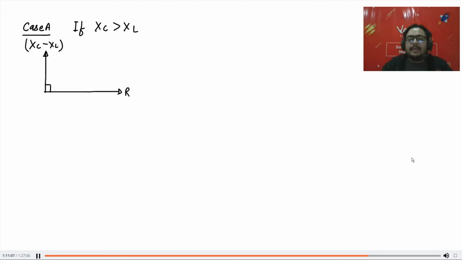So the net resistance, how is it going to come? The net resistance is going to come like this. It is represented by Z. Are you getting my point? Z is like the net resistance of the circuit.